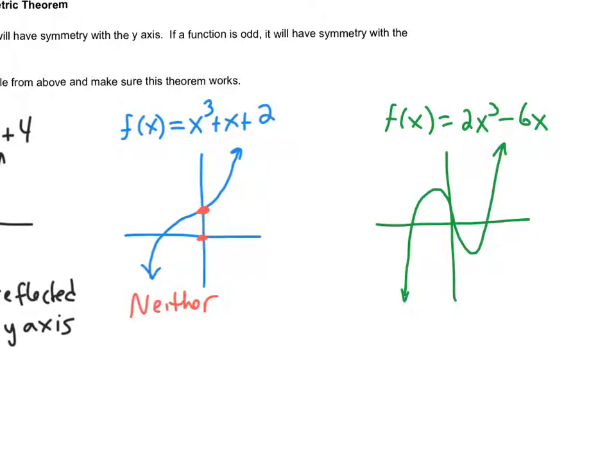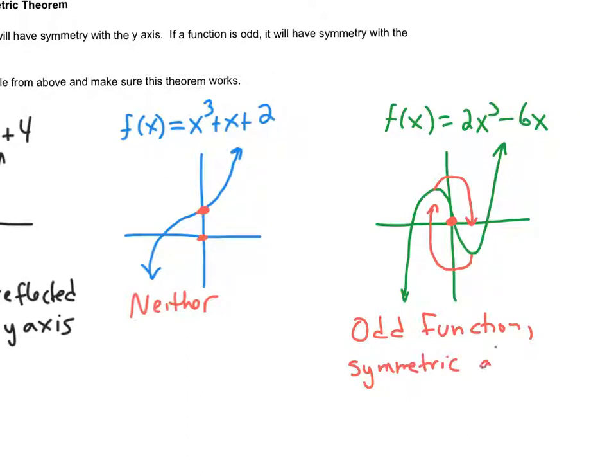So now, obviously no reflectional symmetry about the y-axis, but if I look at this point in the middle, it definitely has rotational symmetry about the origin. Because if I rotate this 180 degrees, the graph would land on itself. So since it's symmetric about the origin, that's why this is an odd function. And that's because it is rotated about the origin.